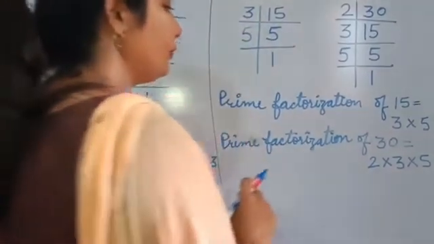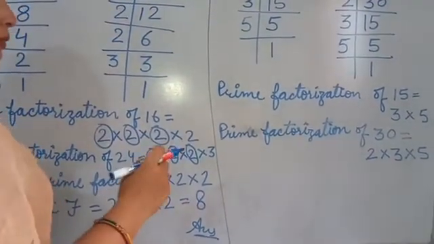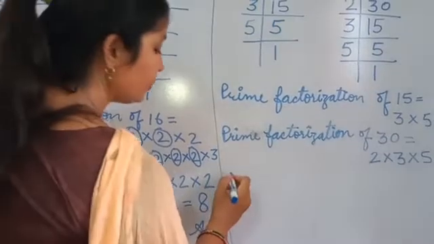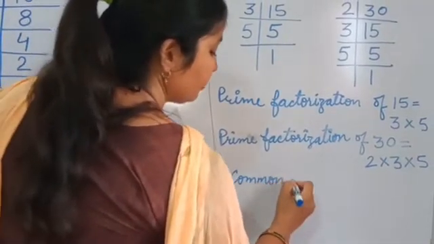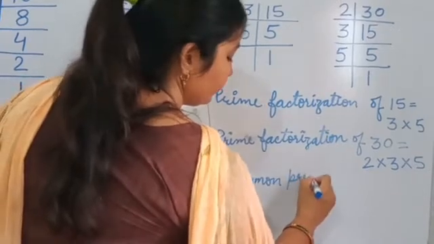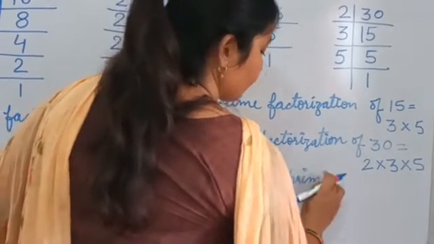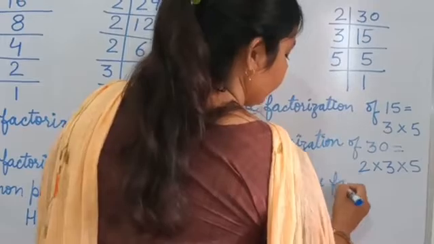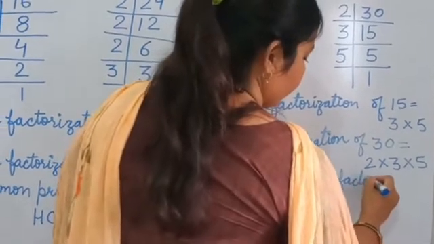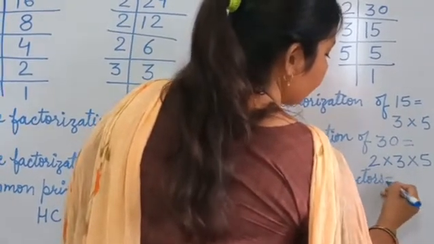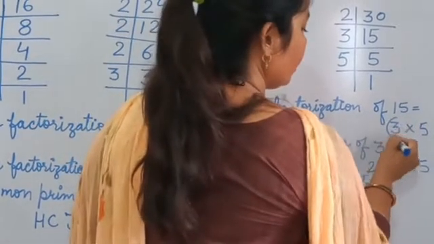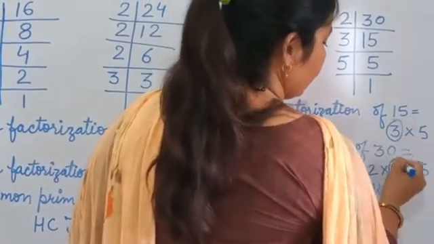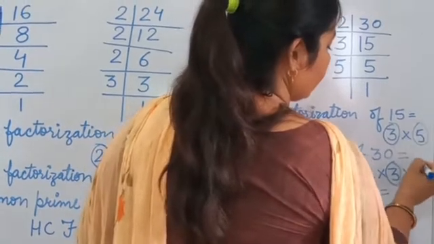Okay. Now we have to find common prime factors. So we write here common prime factors. What are the common here? We can see that 3 is common in both and 5 is common in both.